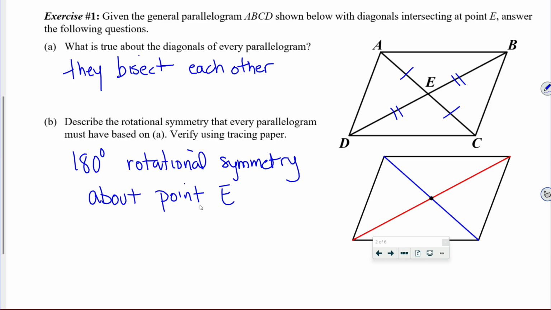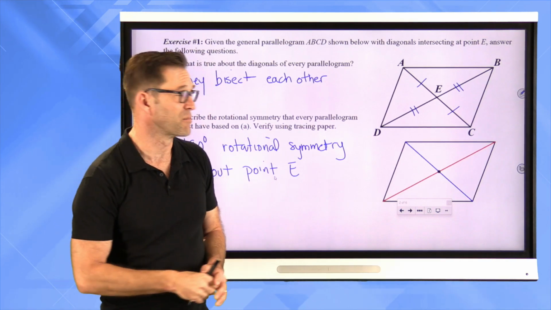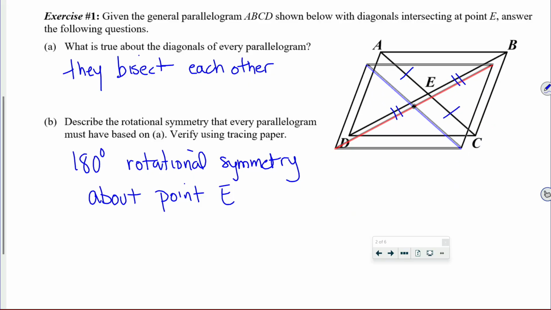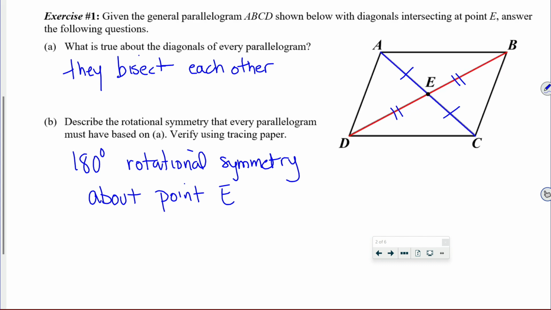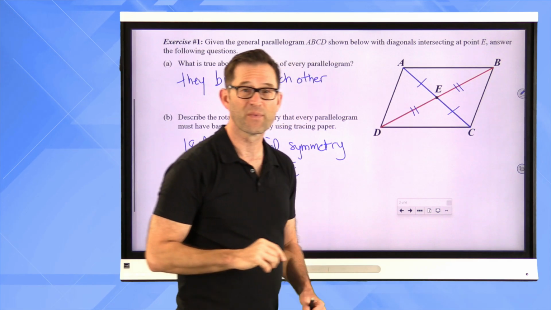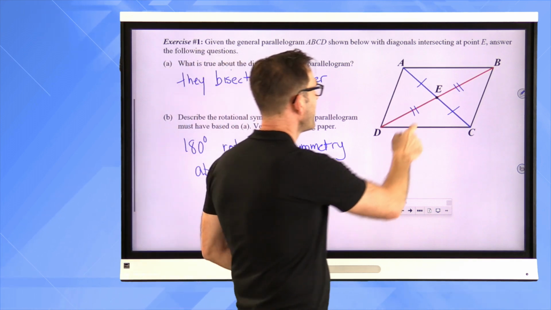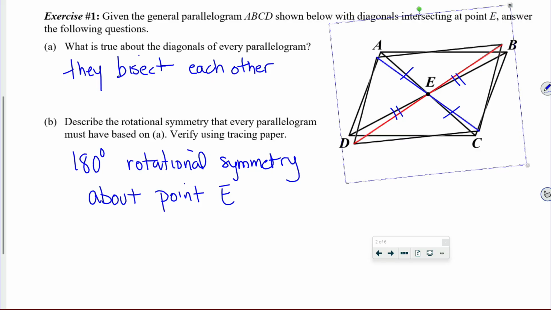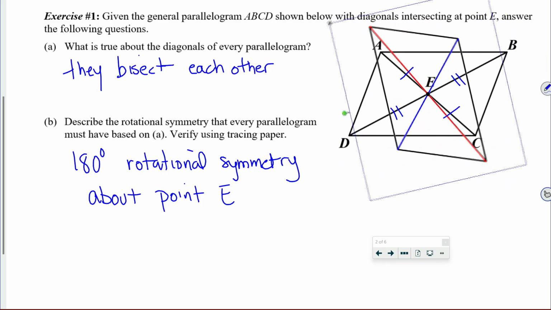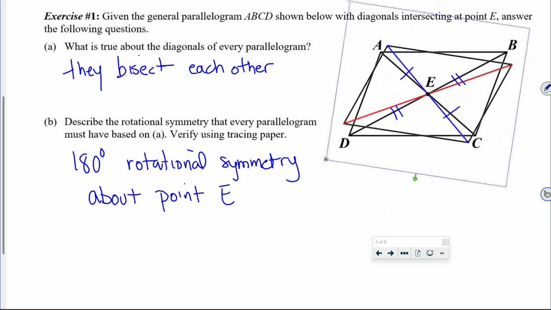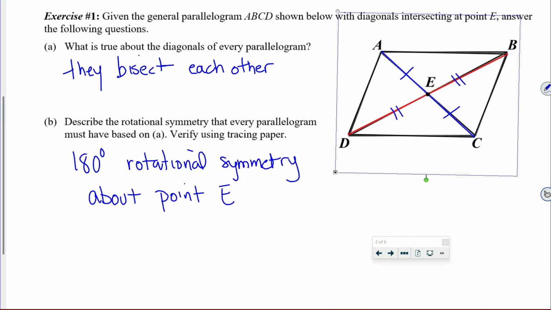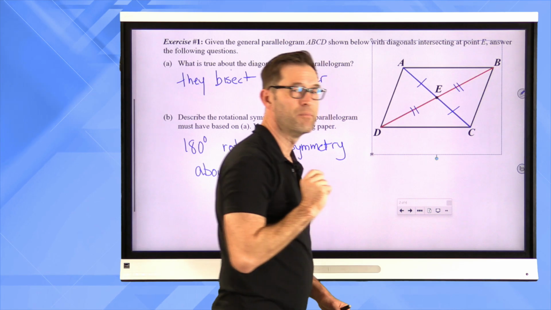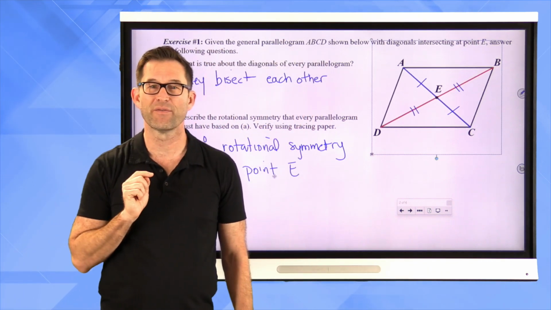And I can't get enough of verifying this with tracing paper. Of course, this isn't tracing paper, but the same idea. If I just overlap this like that, okay? And if I now take that figure and rotate it around 180 degrees, it ends up being mapped onto itself.